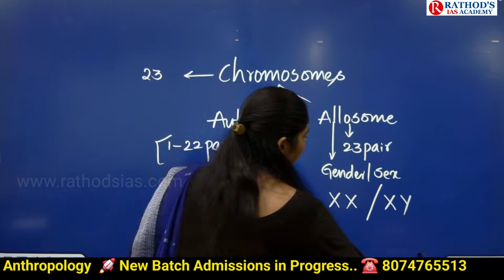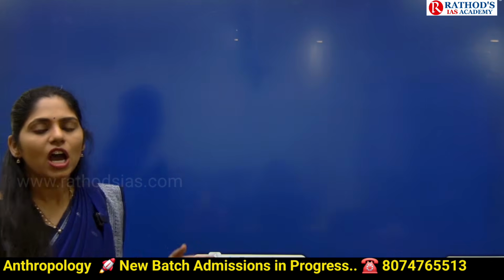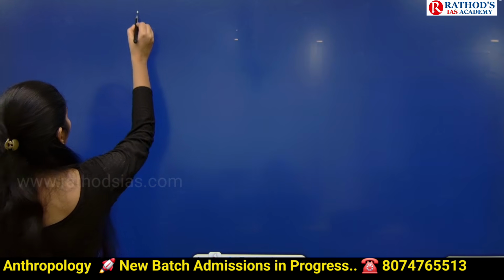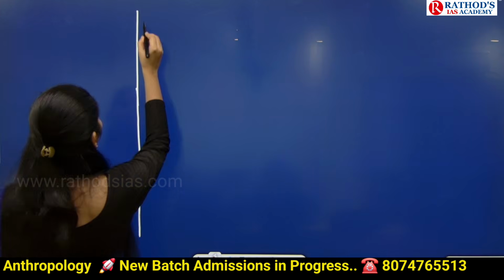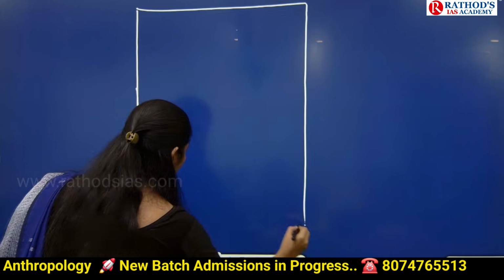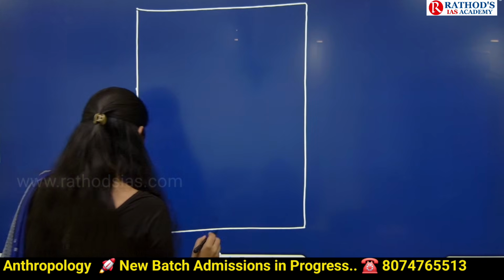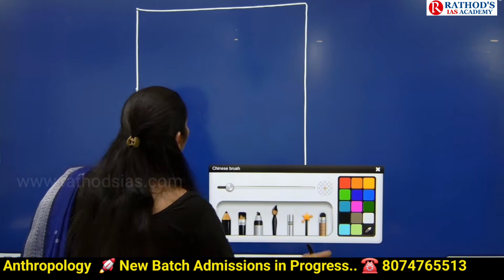Whenever the cell is going for cell division, how these chromosomes will appear in our cell is, let us consider this as a cell. During cell division time, we can see this.